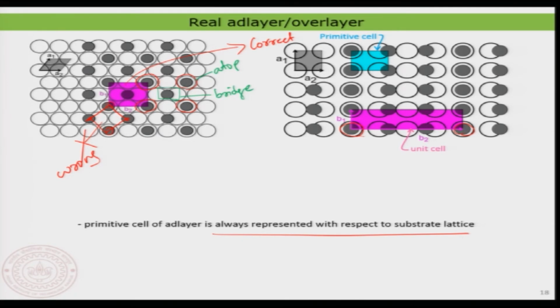So, this is truly because when you make an Adlayer, it is not necessary that you always make an Adlayer of one material on the same material. It is always a different type of material, and their bulk atom distances are different. For example, if I try to make a silver Adlayer on copper, the copper bulk lattice is 2.5 and that of the silver lattice is basically 2.9.